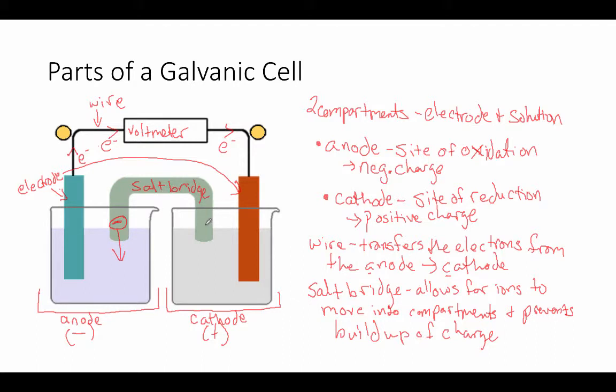And in contrast, on the cathode side, because this side is gaining electrons, you're going to have negative charge building up in here, and so you're going to have those positive ions flowing from the salt bridge into the cathode to neutralize that charge.